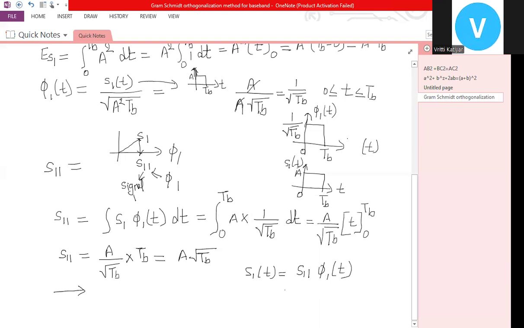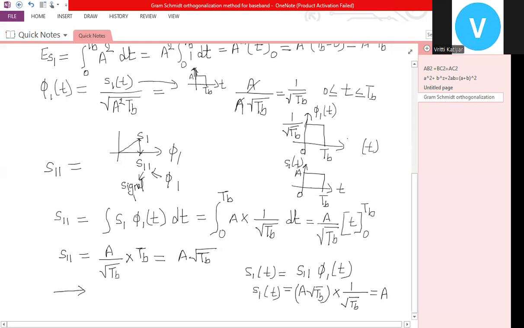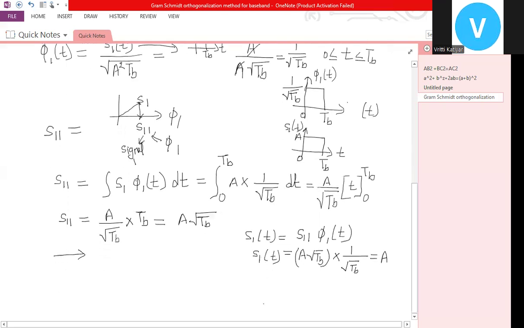If you multiply together A root Tb, which is the information about S11, and phi 1(t), which we have calculated before as 1 by root Tb, we get the signal A, which we mentioned before. It means whichever calculation we have done so far is proper.